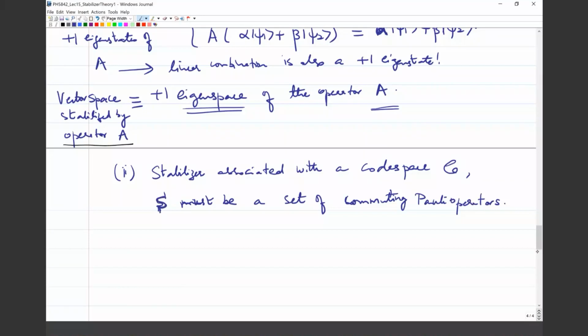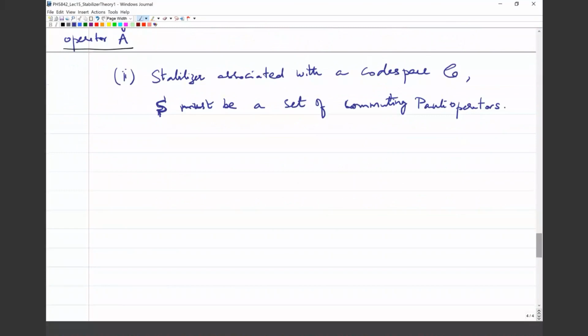But it is more than a set, right? If I consider a set of Pauli operators, then they naturally form a more interesting structure than a set. What is the structure?